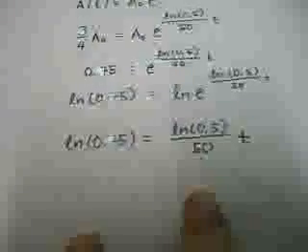And then we are left with the equation ln of 0.75 is equal to ln of 0.5 over 50 times t. Dividing both sides by ln of 0.5 over 50, we get t to be equal to ln of 0.75 times 50 over ln of 0.5. And when you compute that using your calculators, we're going to get t equal to 20.75 years.